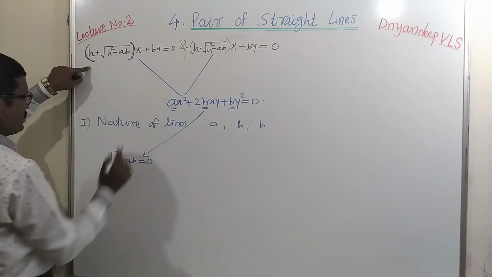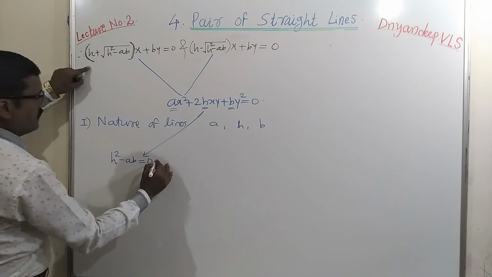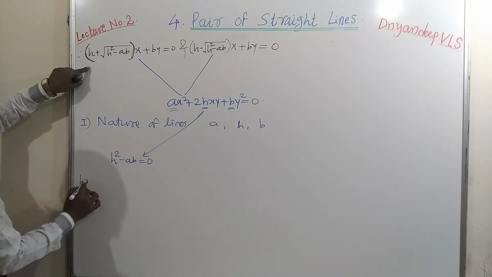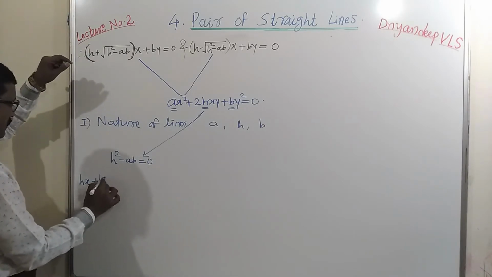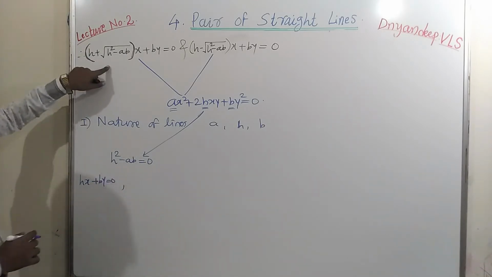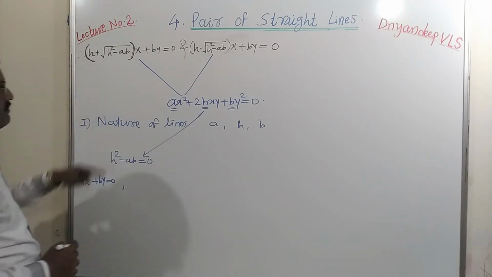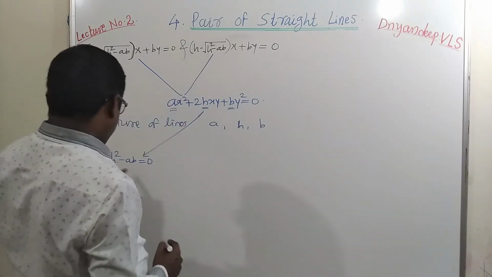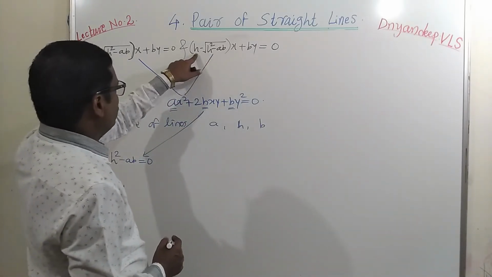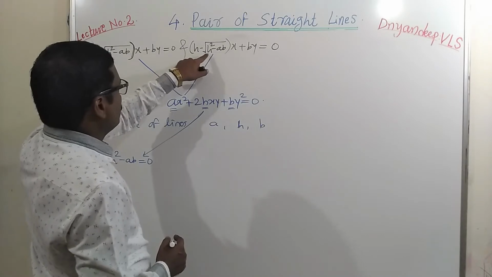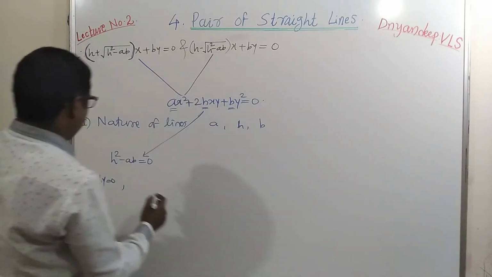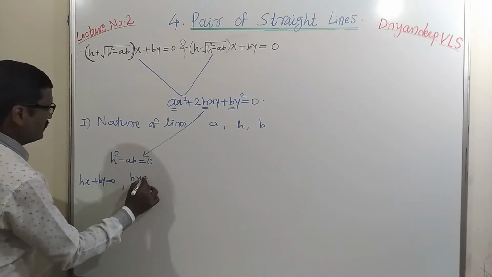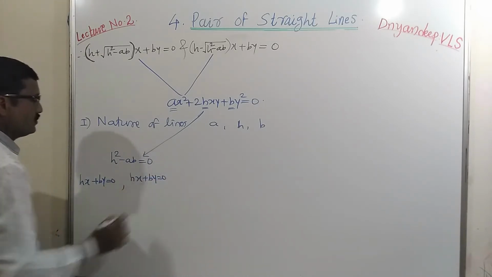So this condition implies hx plus by equal to 0. This line gets converted into this one, and when h square minus ab is equal to 0, remains only h. This root with negative sign gets cancelled, remains only hx plus by. So we get the lines as hx plus by equal to 0.